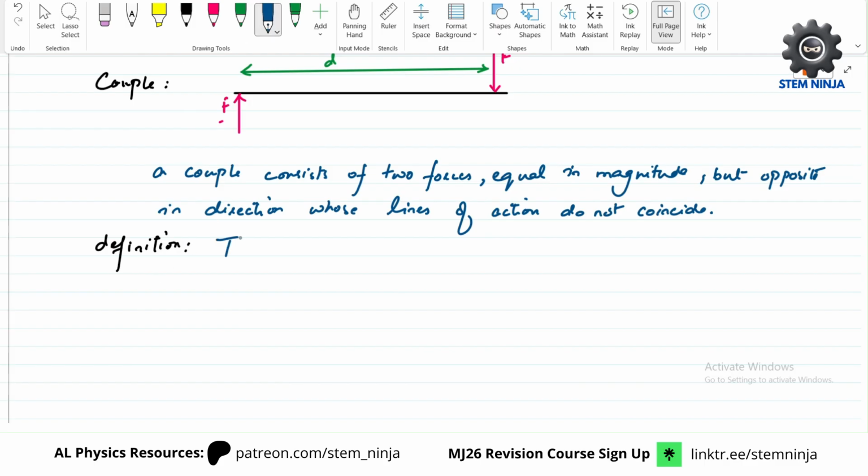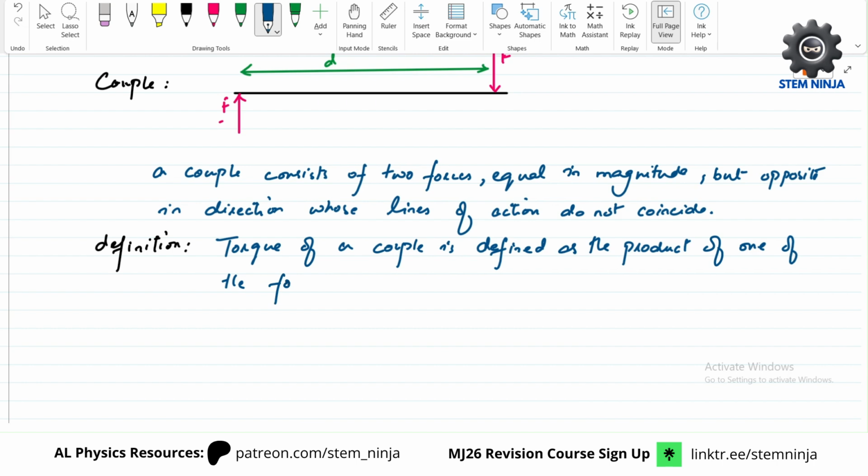The torque of a couple is defined as the product of one of the forces and the separation, or you could also say the perpendicular distance between them.